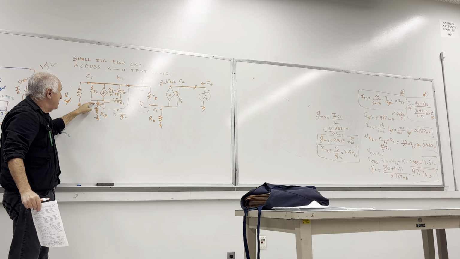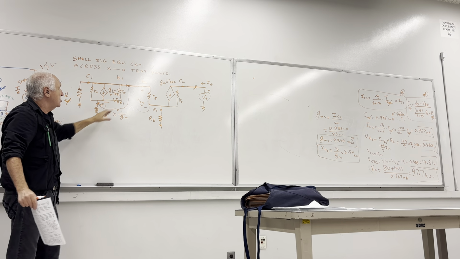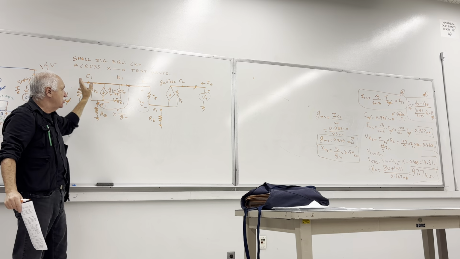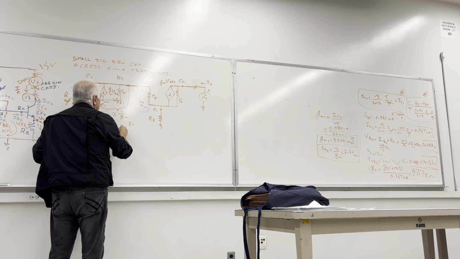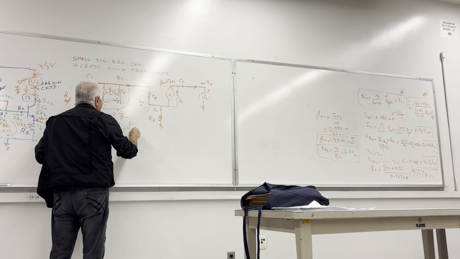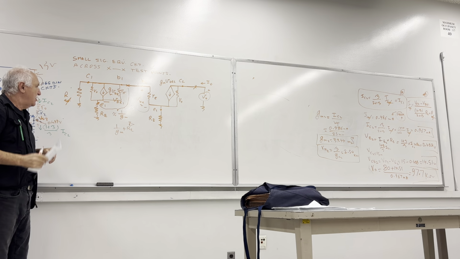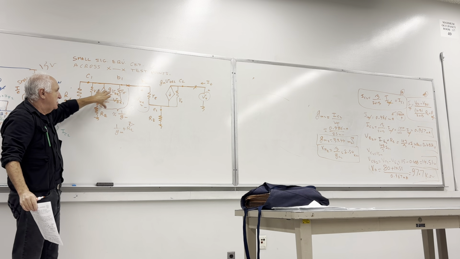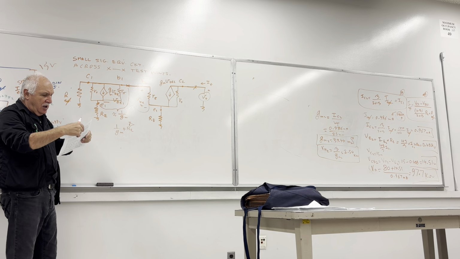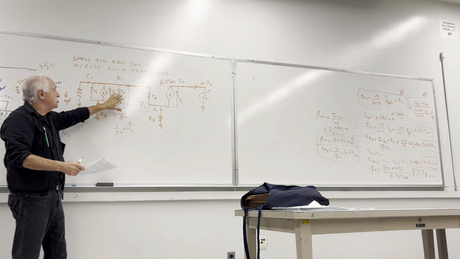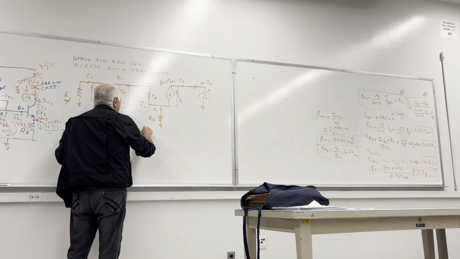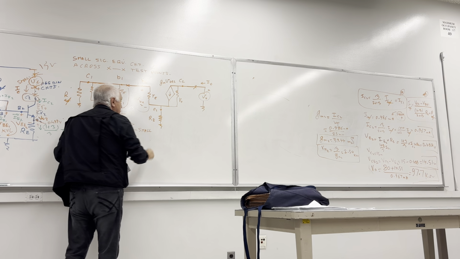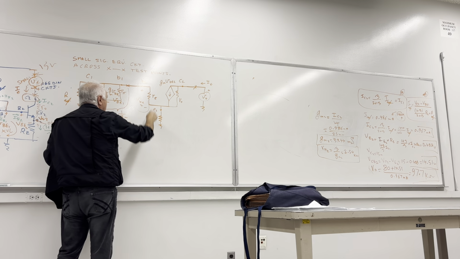The impedance from here to here is RE. So the total impedance viewed in that direction is approximately 1 upon GM plus RE. However, this impedance is going to be very small in comparison to R pi.